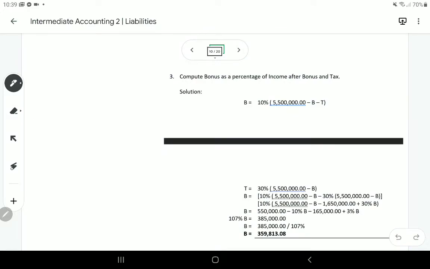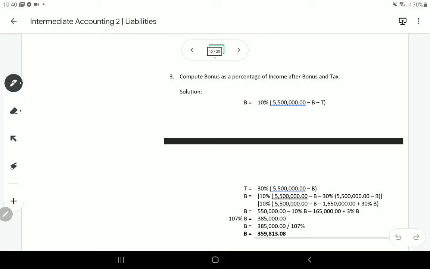Next, okay? Bonus as a percentage of income after bonus and tax. Now, tumataas na yung level, no? So, again, concept of mathematical equation, what is the term for this? Representation. So, tax is equal to 30% of the net income minus the bonus.